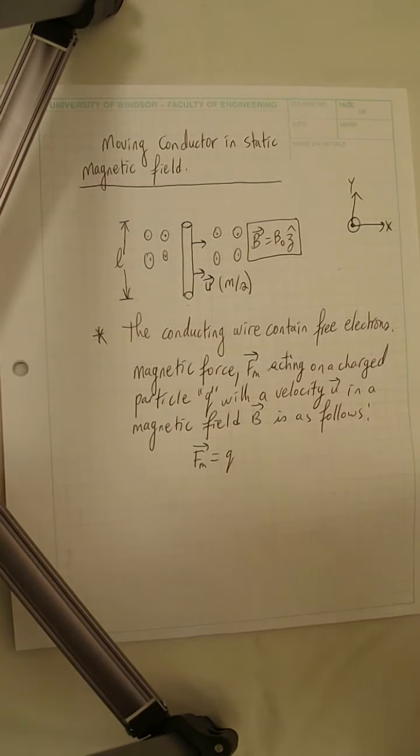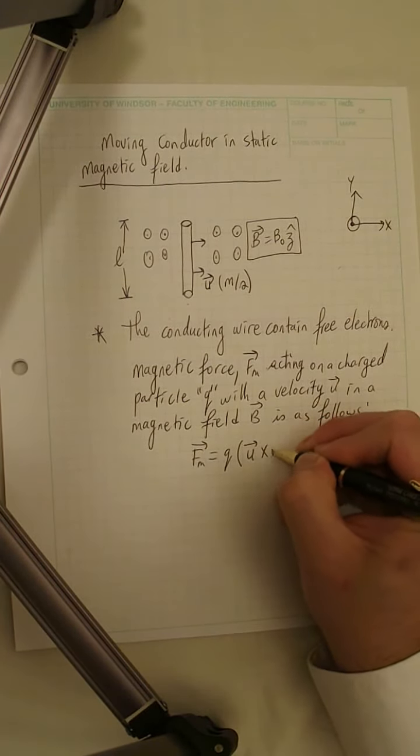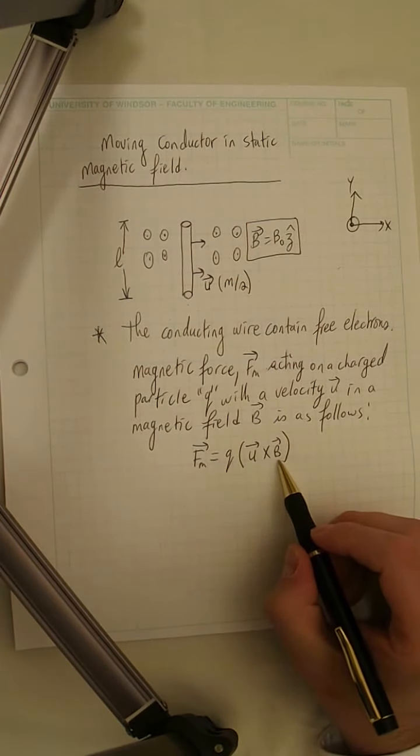Fm equals the charged particle Q, u cross B, which is the velocity crossed with the magnetic field.